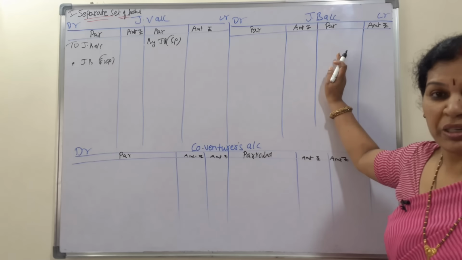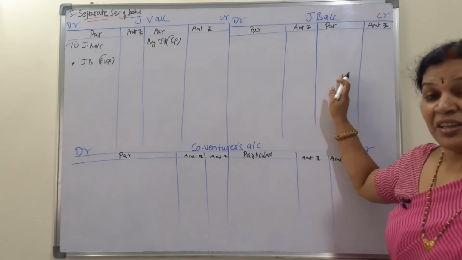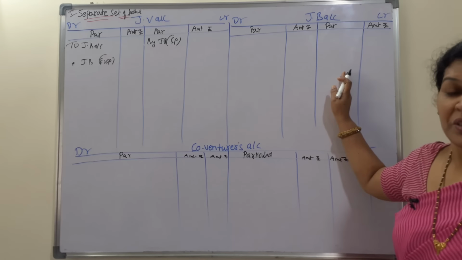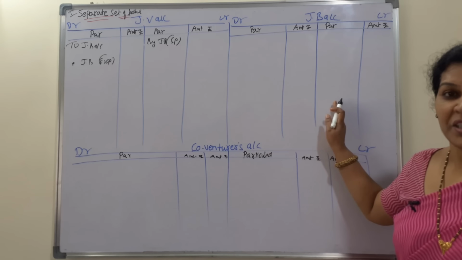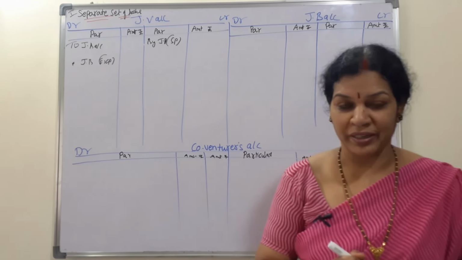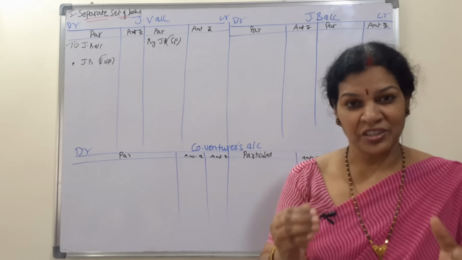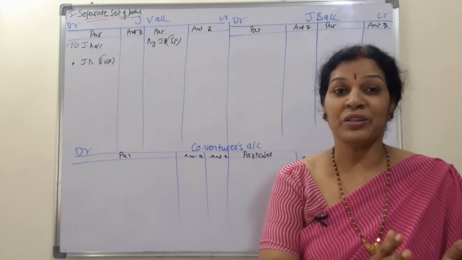Whenever you find joint bank on the debit side, it automatically goes on the credit side. You know this principle, the double entry system. Debit side joint bank means that is to be on the credit side. We'll say joint venture account, meaning it is from joint venture. An important transaction in the joint bank account is that venturers deposit some amount in the joint bank, and with that amount they start their business.